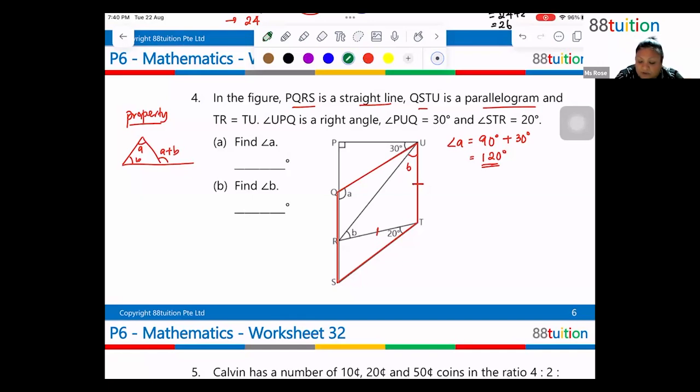So to find angle B, we know that this is 120. Jeremy, yes, your B is correct. So what other information do we have?